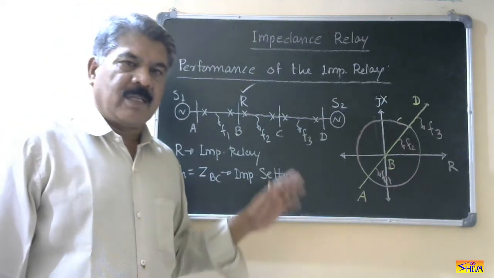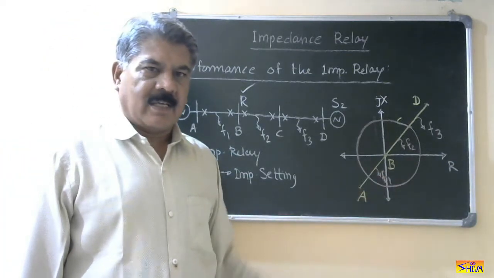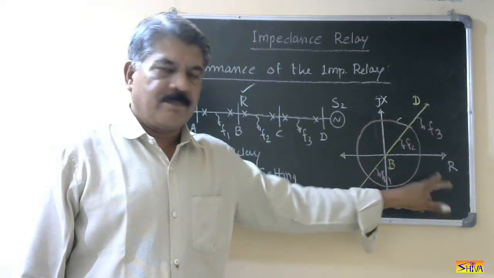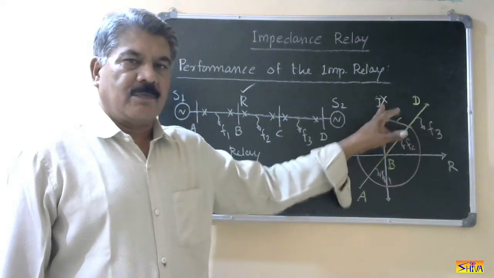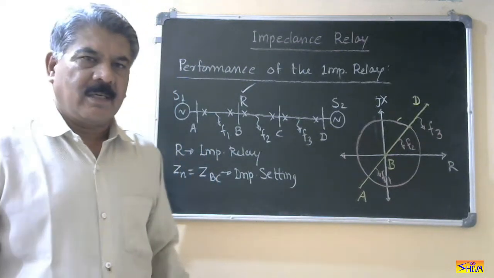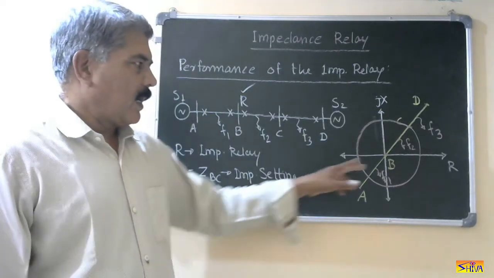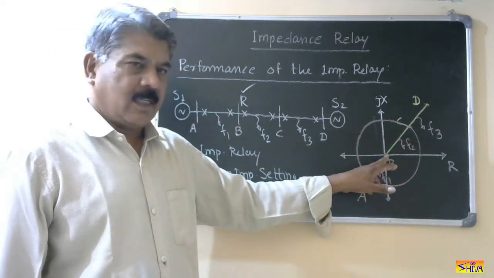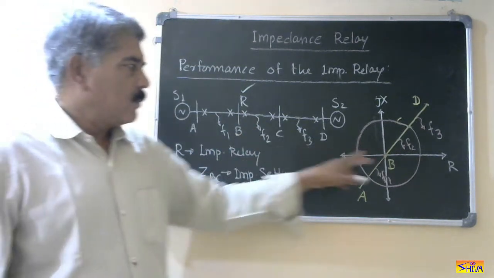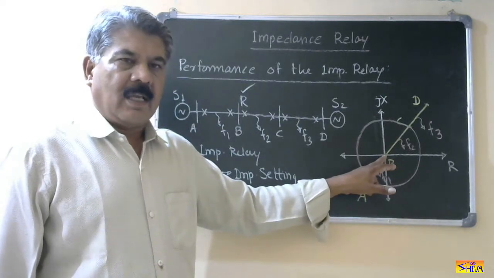Now, whenever we have to check the performance of a distance relay, we take the help of the Rx diagram. R, that is resistance, we take along the x-axis, and X, that is reactance, we take along the y-axis. First, we have to locate the relay for which we are checking the performance, and we locate the relay at the origin. So here, relay R is located at point B, so point B will be taken at the origin. Then we draw the impedance vectors.